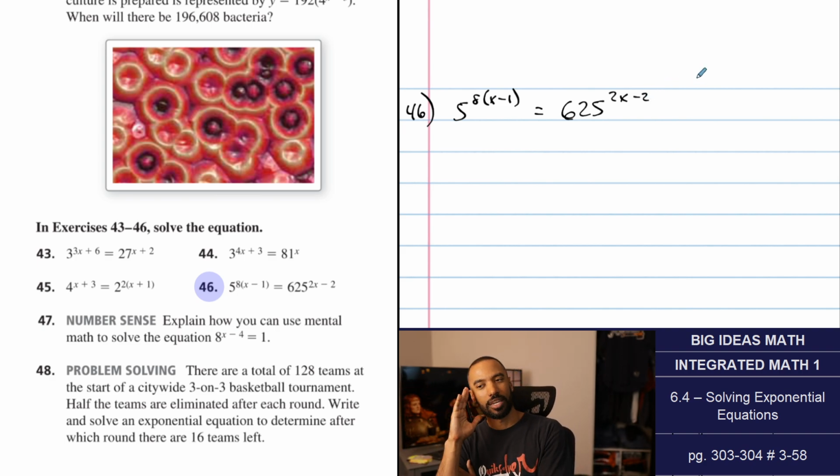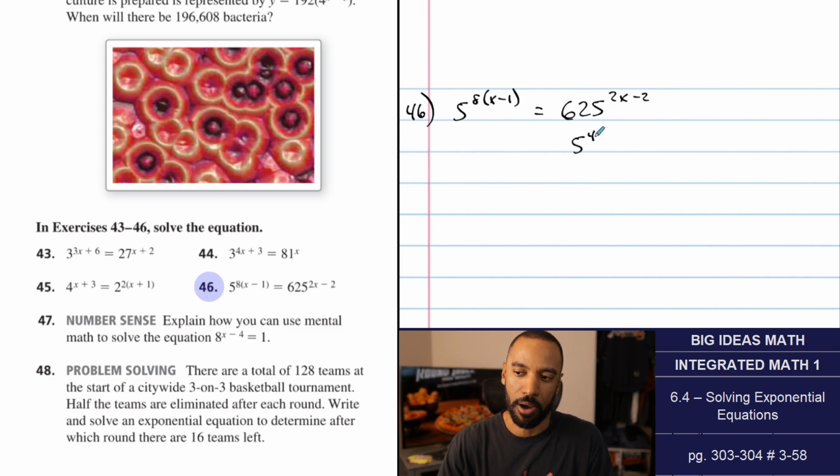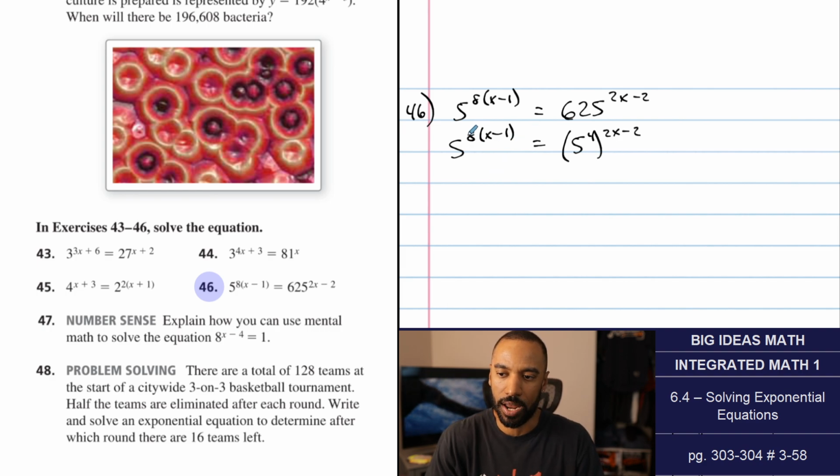Okay, there's some work I could do on here, and I'm trying to think of how I want to work this one best. I'll start with this. 625 is 5 to the 4th power. I'm trying to decide whether I should do distribution or how I should work this one out. How about this?